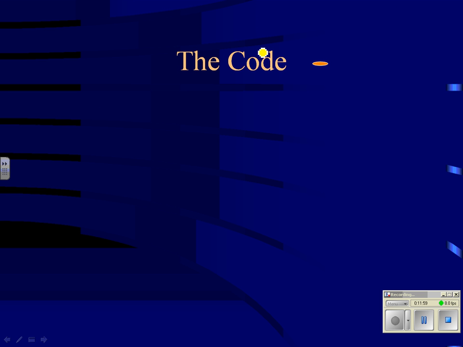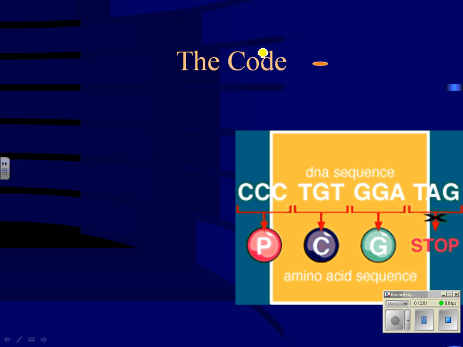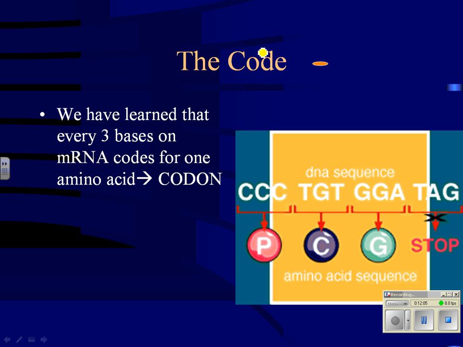So the code. We, being humans, in the last 60 years, have figured out that every 3 bases on mRNA, which would mean every 3 on a piece of DNA, is the code for 1 amino acid. The term we use for that is codon.